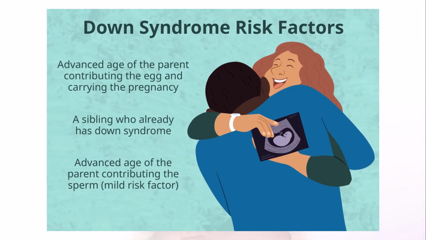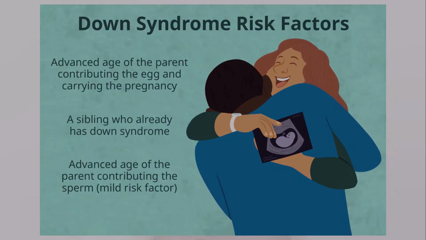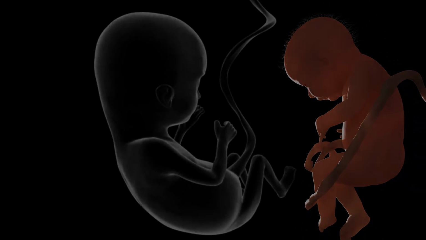The risk of Down syndrome increases with the age of the mother. For mothers of age 40, the risk of having a child with Down syndrome is about 1%. Fetuses of pregnant women aged 35 or older are candidates for chromosomal prenatal screenings.